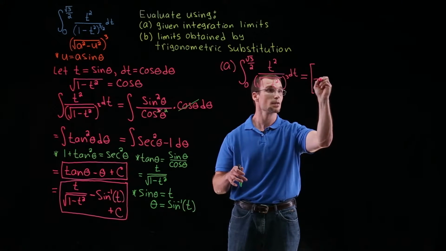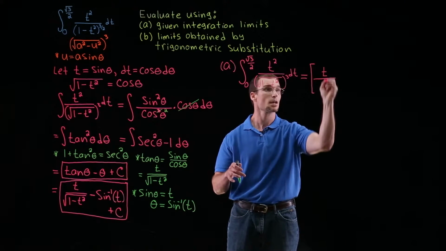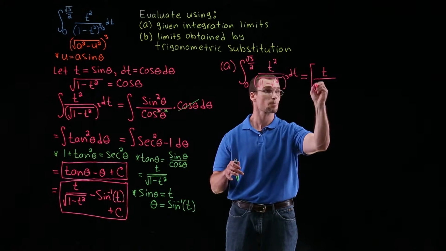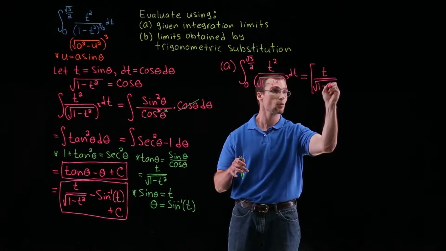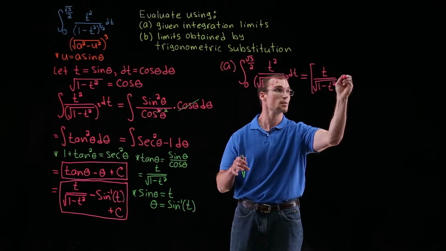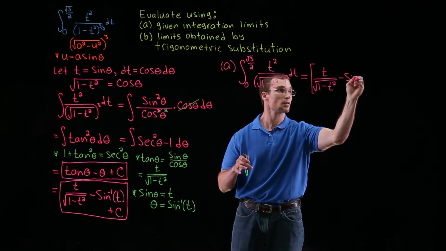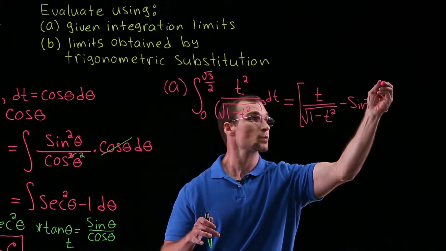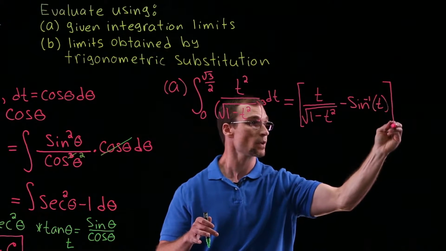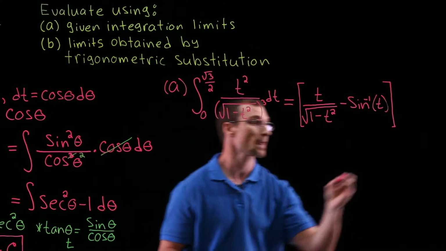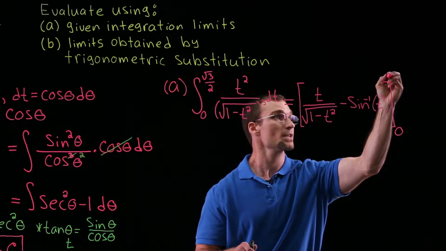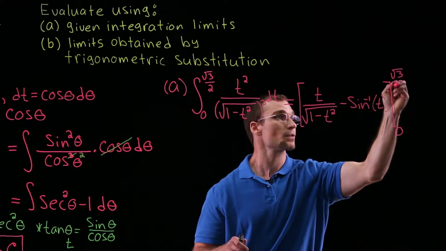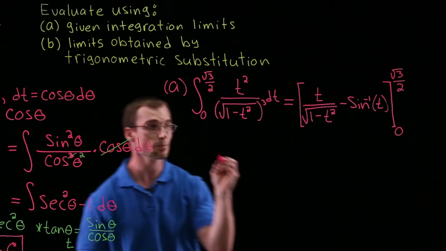So our antiderivative as a function of t is the quantity t over the square root of 1 minus t squared minus sine inverse of t. Now, since we're evaluating the definite integral, we can go ahead and drop our integration constant. And we'll evaluate this from 0 to root 3 over 2.